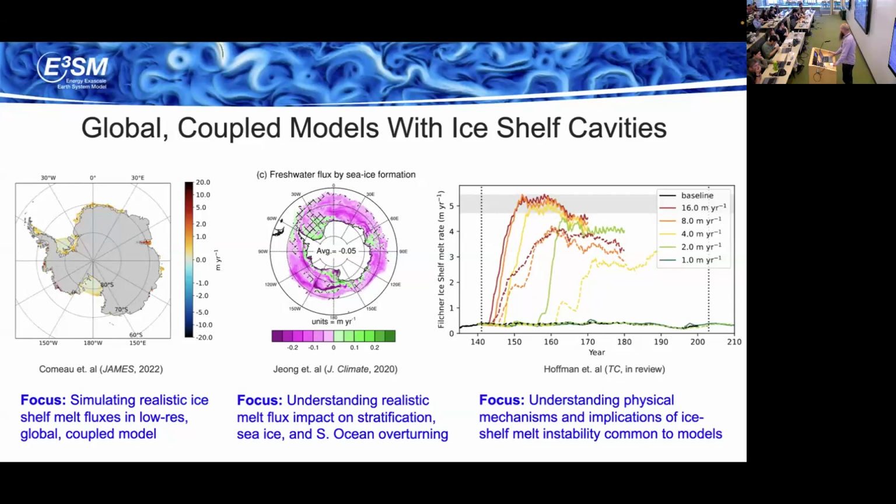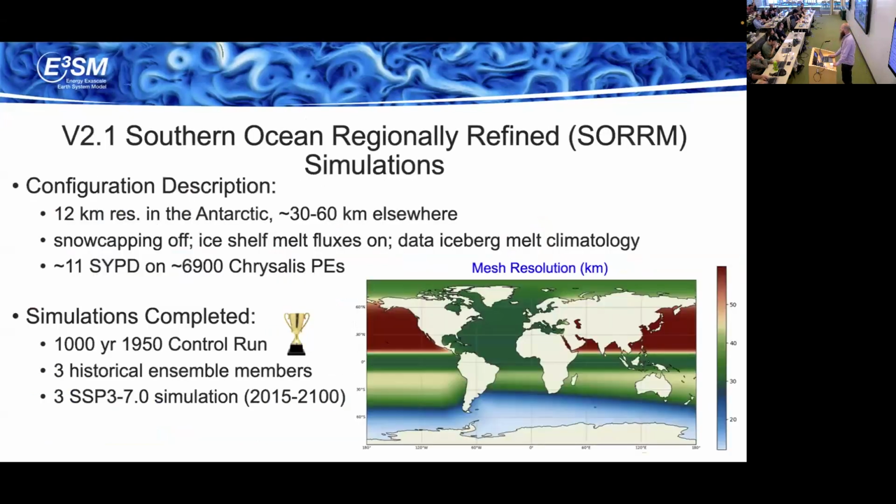And on the right, there can be tipping points in these systems where certain processes can be activated that lead to runaway melt under some of these big ice shelves that can have huge impacts on global sea level rise. And so we can use the model to better understand those.